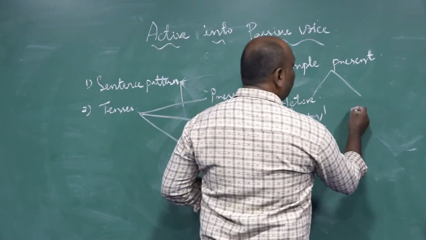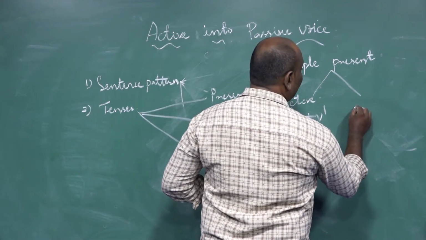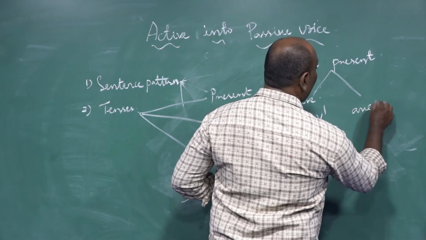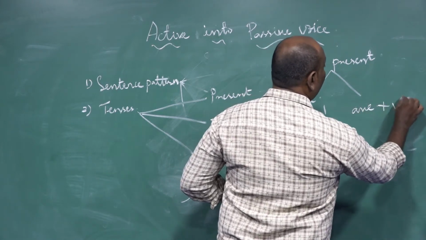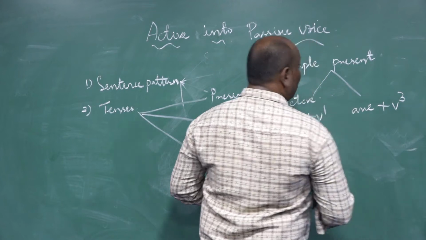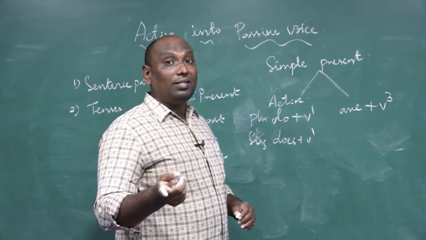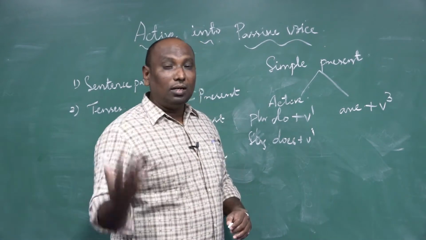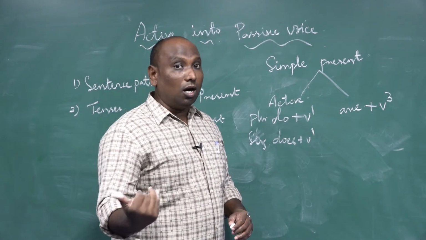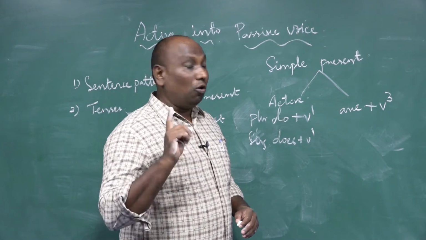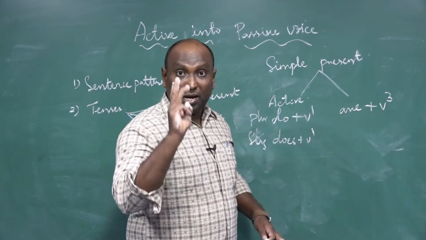What is required to write the passive voice? When the subject is plural, you have to use "are" and the verb third form. What is the third form? The past participle of the main verb. For example, go: went, gone. Gone is the third form. So we should know the third form of the main verb.